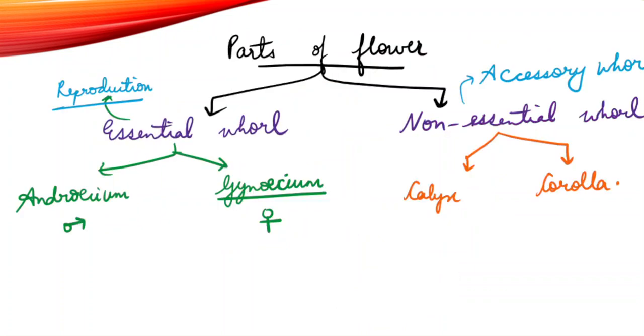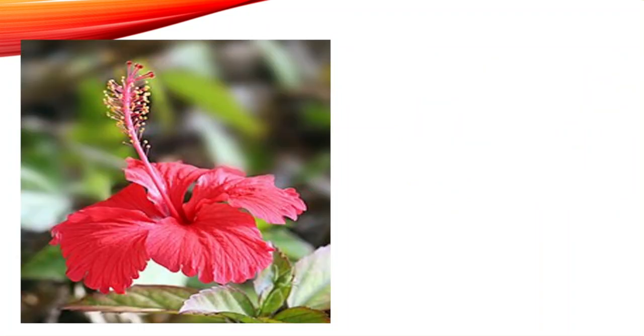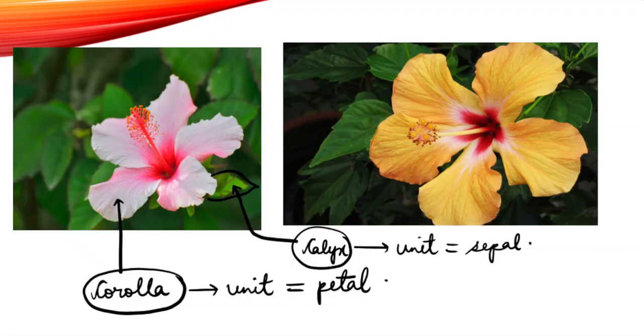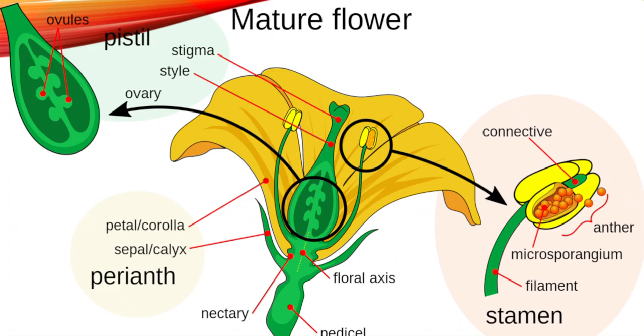So I wanted to speak about the flower. We were discussing this. You can see the diagram here. In a flower, if you see this good diagram of a mature flower, there is stigma, style and ovary.